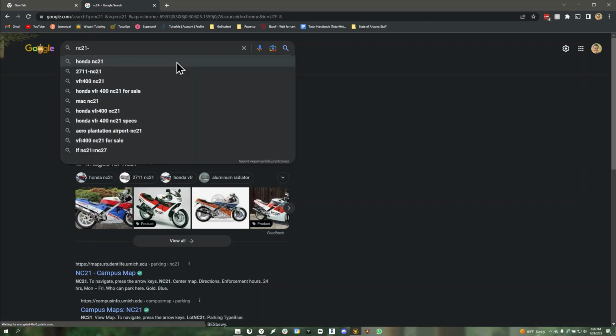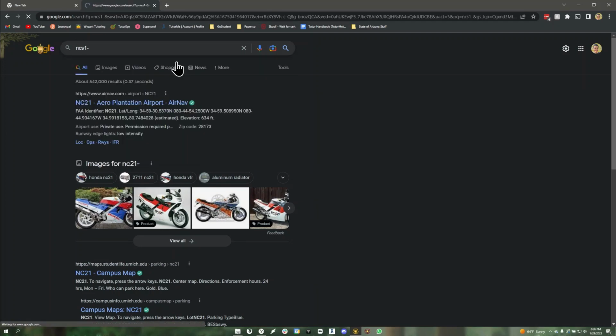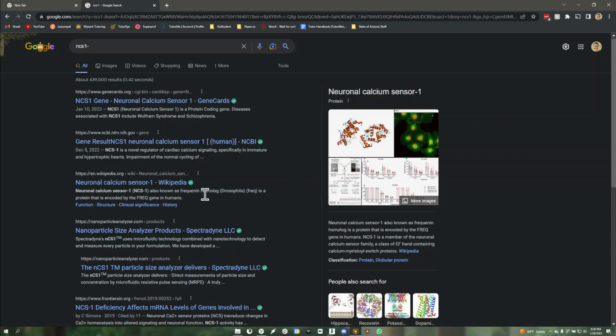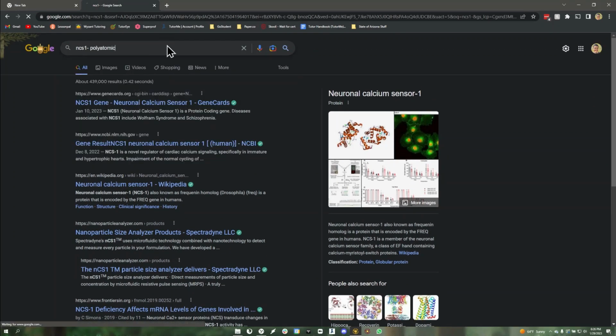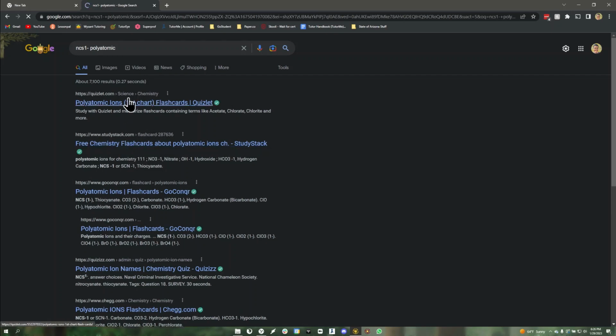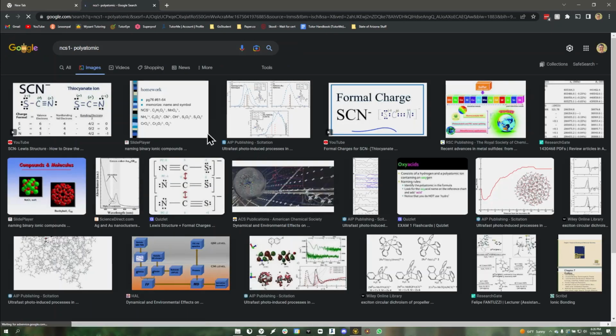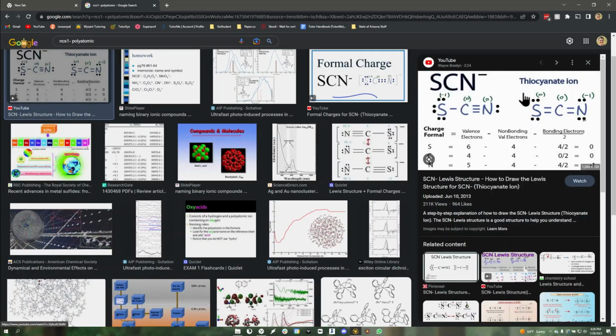I can't even type correctly. NCS 1 minus. Oh no. Polyatomic. Oh, that's why it wasn't coming up, because I was writing it wrong. This is thiocyanate. That's right. Normally written SCN. I don't know why I wrote it NCS, but let's see.